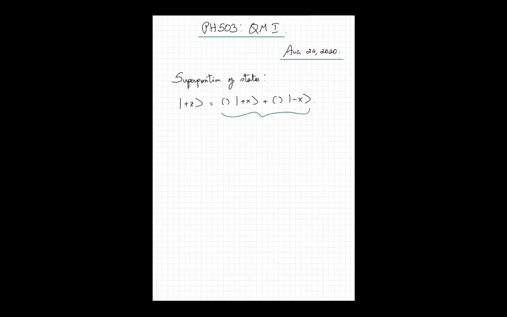For example, I can look upon this state plus z as a vector. But then why don't I just write the vector the way you usually write it, z with an arrow on top? It turns out that that notation can be a little misleading and not very useful to us. So what we will do is develop a different kind of notation, but we will also extend the notion of vectors that you have already learned to mean something new also.